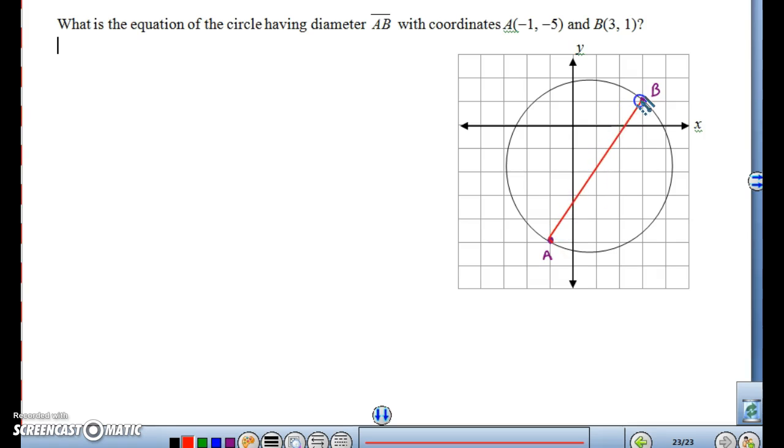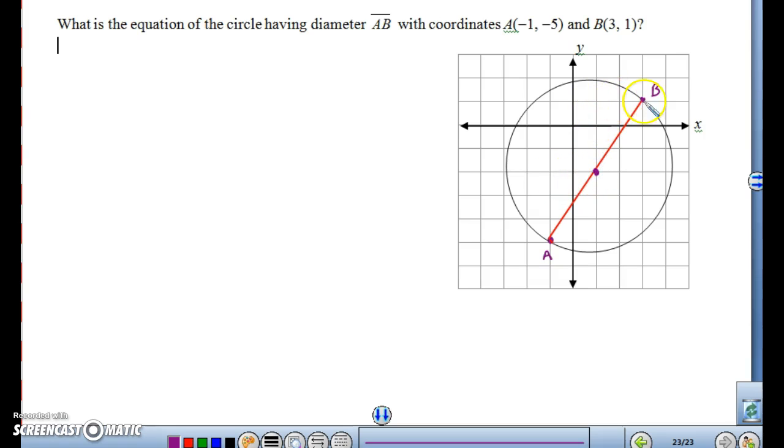I know that a diameter goes through the center of the circle. So where does the center fall on that diameter? Well, doesn't it have to be at the middle? Let's find the middle of this line. If I count by my slope, 1, 2, 3, 1, 2, there's my point.